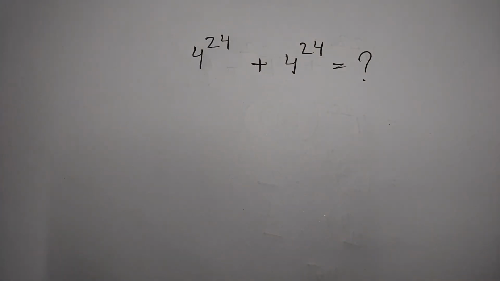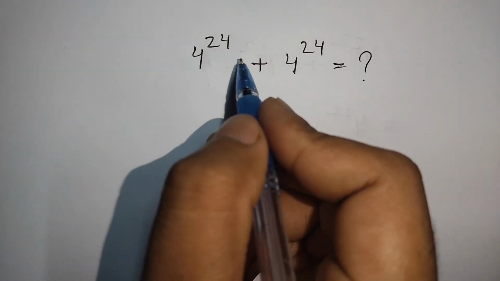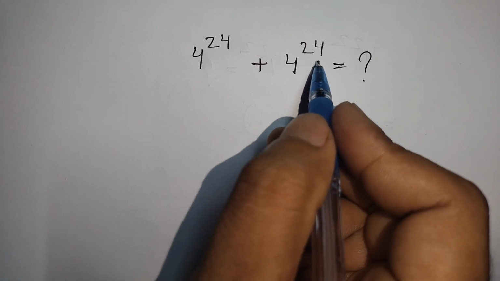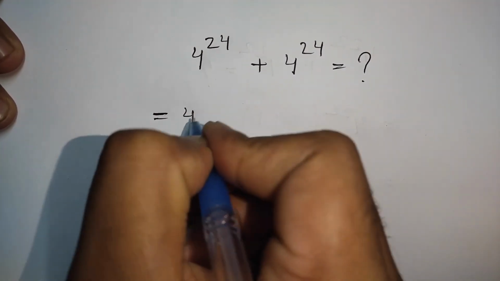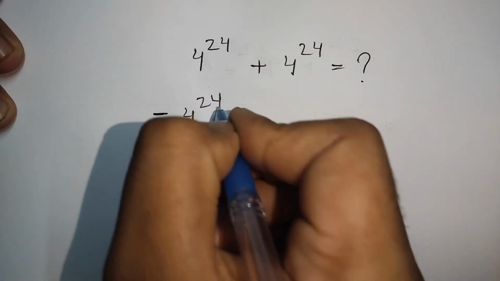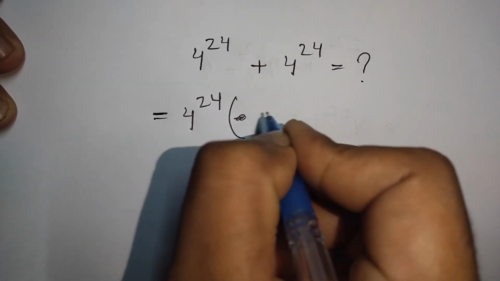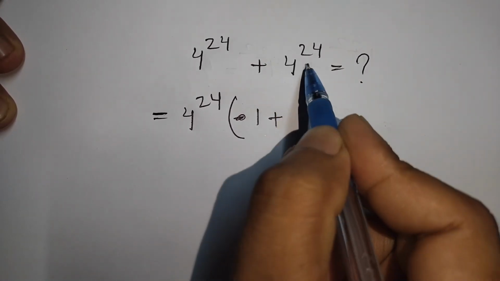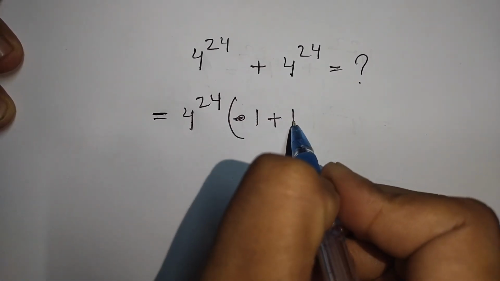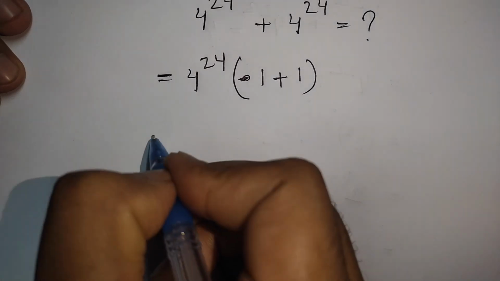How to solve 4 to the power 24 plus 4 to the power 24 is equal to what? At first we take common 4 to the power 24. First bracket start, this divided by this, that means 1, plus this divided by this, that means 1.